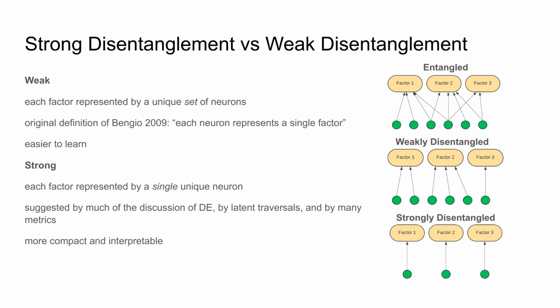What we're saying in this paper is not necessarily that one is better than the other, but one should make clear which of these two versions of disentanglement they're going for. In our paper, we're looking at mostly strong disentanglement, though the downstream task is also relevant, as we'll see, to weak disentanglement.